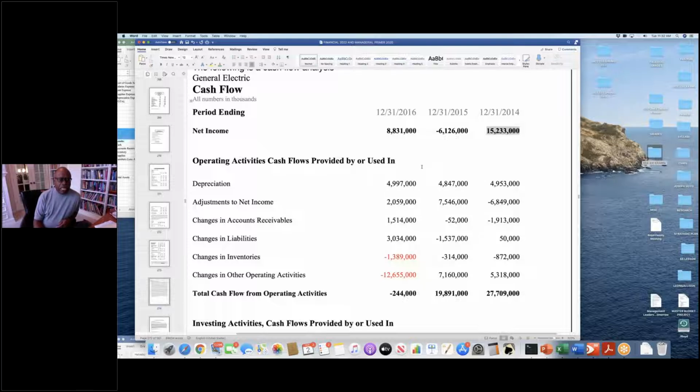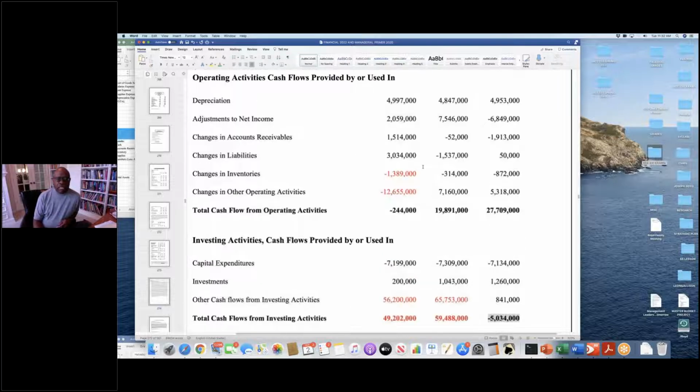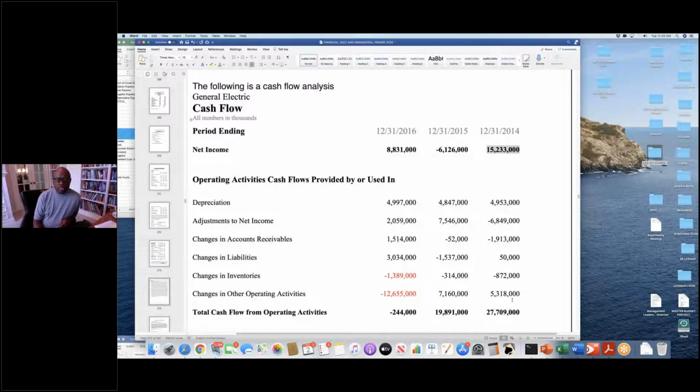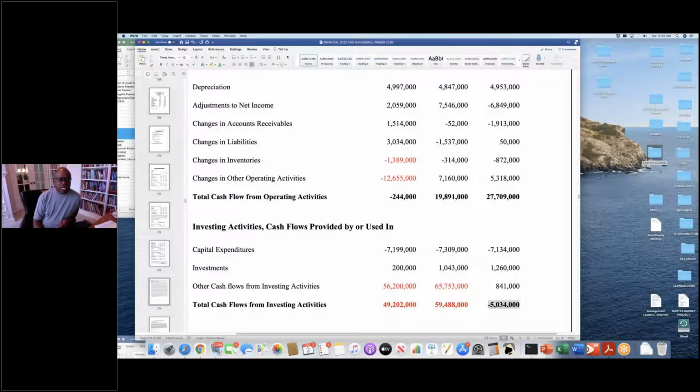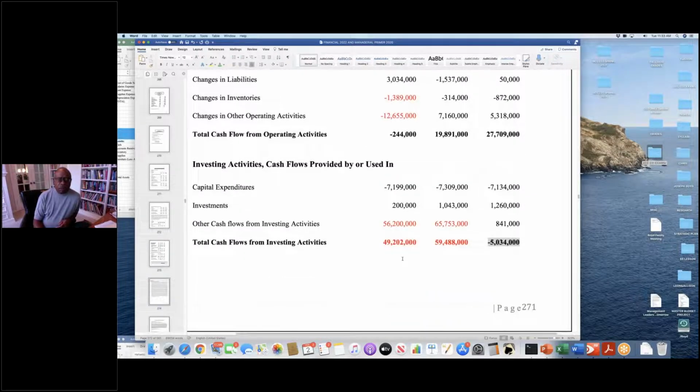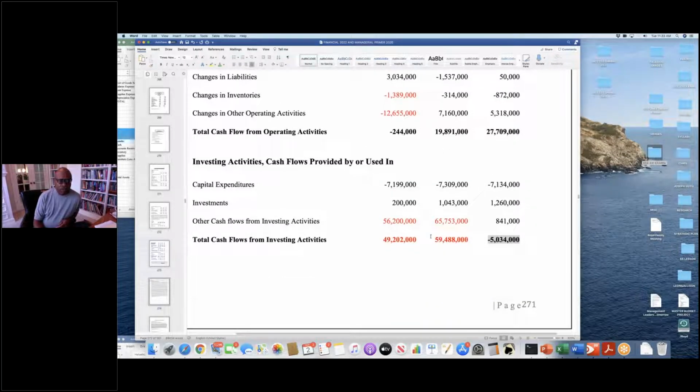What was the net income? But then what was the cash flow from operations? And instead of having operations were high, then all of a sudden operations drop to a minus number. Then investments. You only need this bottom number, but you can put others in if you so desire.